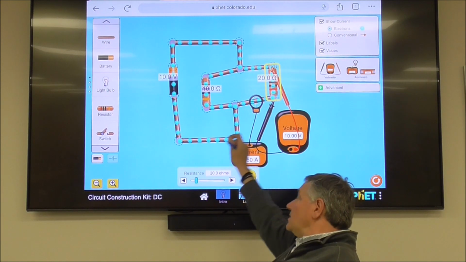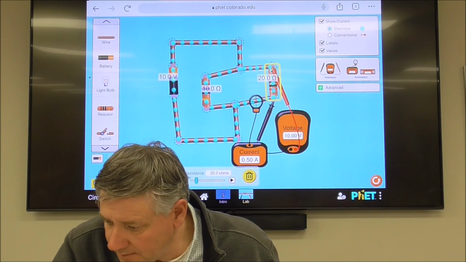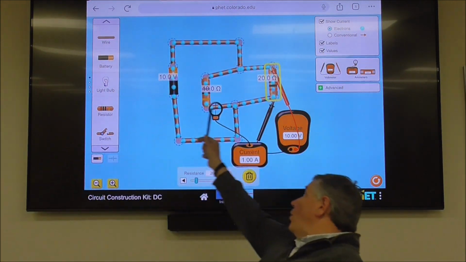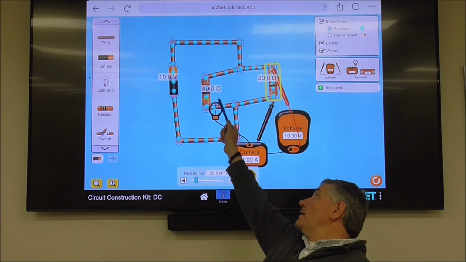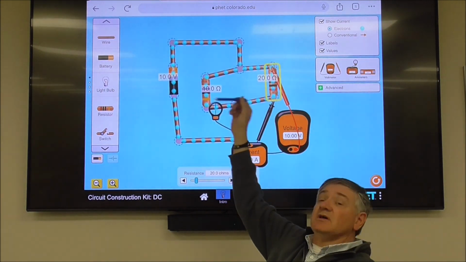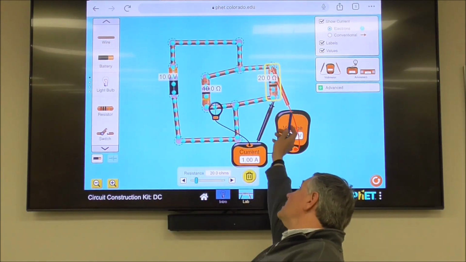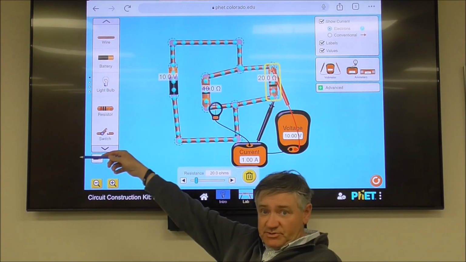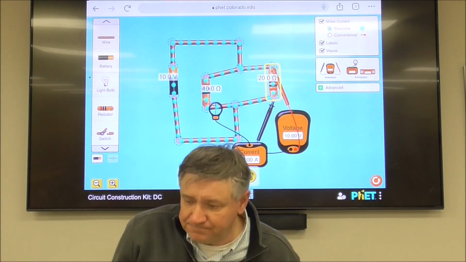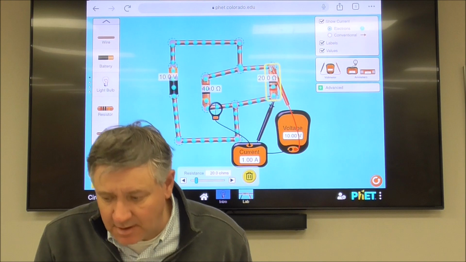If I move this thing over here, now I'm up to 1 amp. 1 amp times 10 ohms gets me 10 volts. So this is another reason why we wire houses in parallel, because they're going to have the same voltage drop across them when hooked up in parallel. Okay, so that's what's going to happen if they're in parallel.